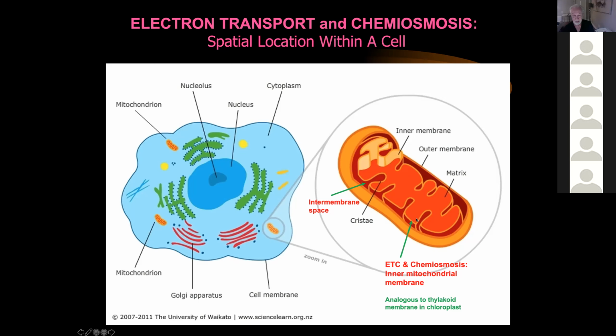So that is important to remember, that this ability to make ATP goes on in both plants and animals. In animals, it's in the mitochondria. In plants, it's in both.